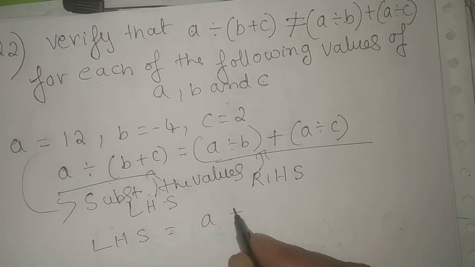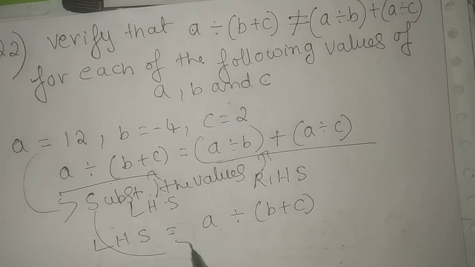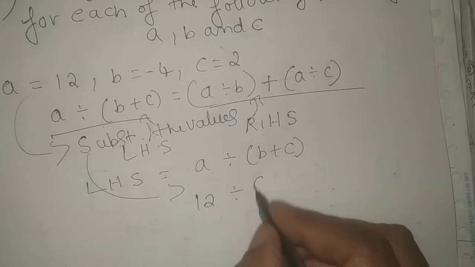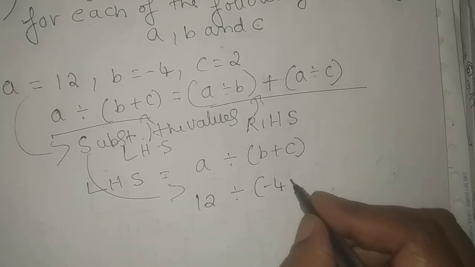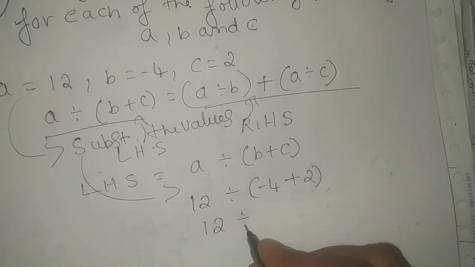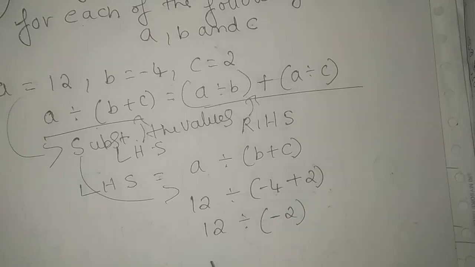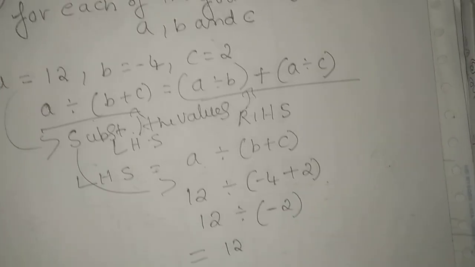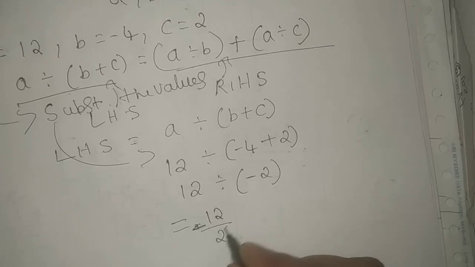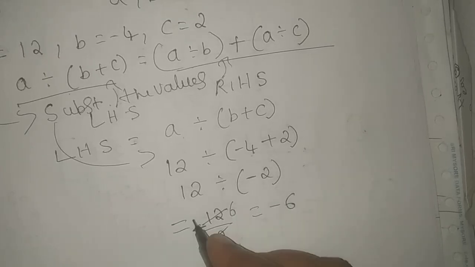LHS is A divided by (B plus C). Substitute the values here. A is 12 divided by (B is minus 4, C is 2). So minus 4 plus 2 is equal to minus 2, which gives 12 divided by minus 2, and 2 sixes are 12, so minus 6 is the answer.